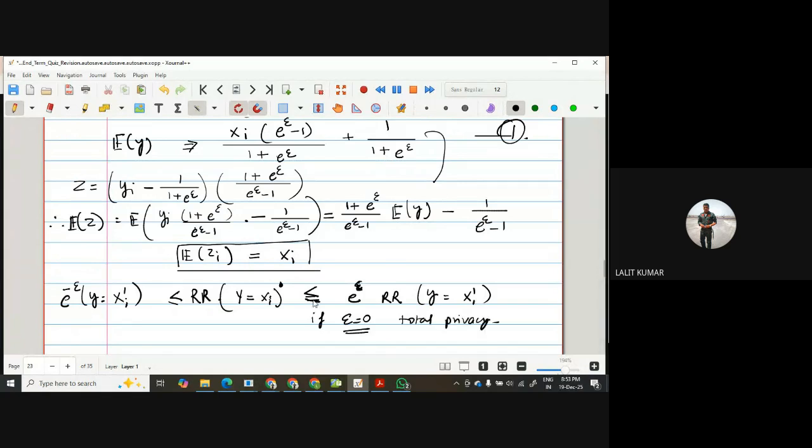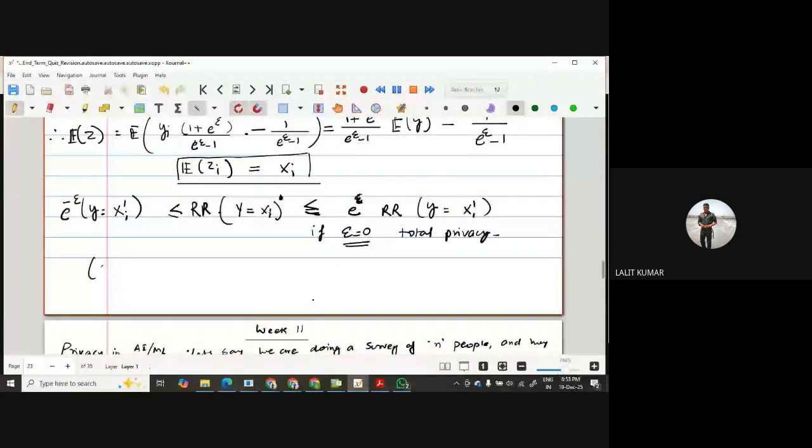So there are two responses. One is x1, x2, xn, and another set is x1 prime, x2 prime, and xn prime. In these sets, only one value is differing. The rest are all the same. Only one value remains different.